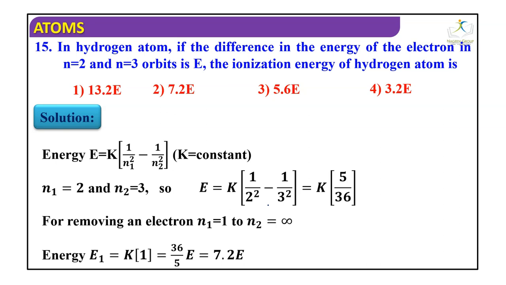For removing the electron from n1 is equal to 1 to n2 is equal to infinity, we put all these values, so energy E1 is equal to K times 1, which is equal to 36 by 5 times of E. That comes to 7.2 times of E, which means the correct option is option 2.